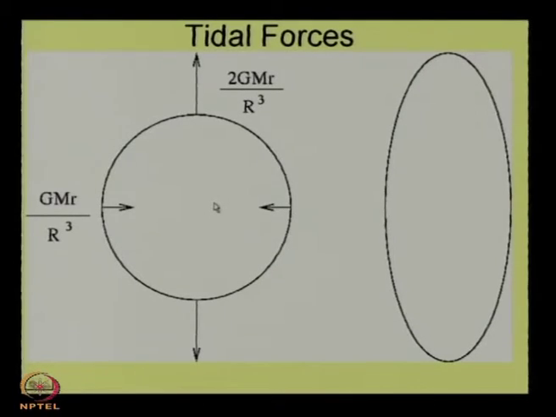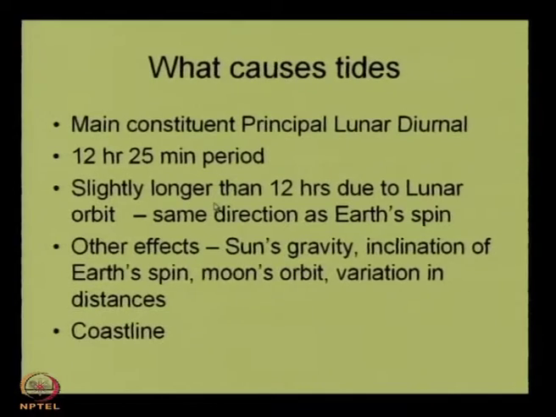And it is the moon which produces the major effect, the bigger effect. The sun produces a smaller effect. Okay. So in most places, the main constituent of the tidal forces is the principal lunar diurnal, and it has a period of 12 hours 25 minutes.